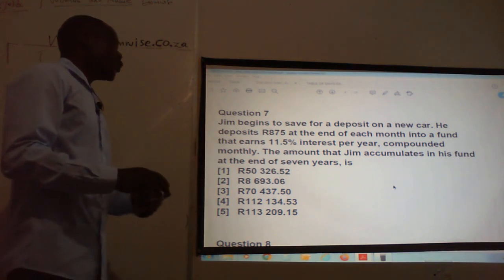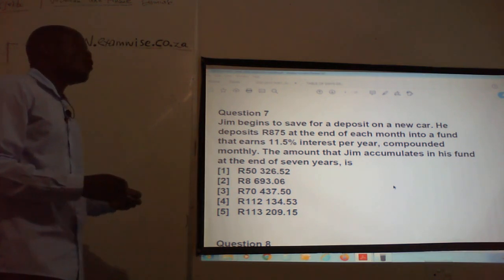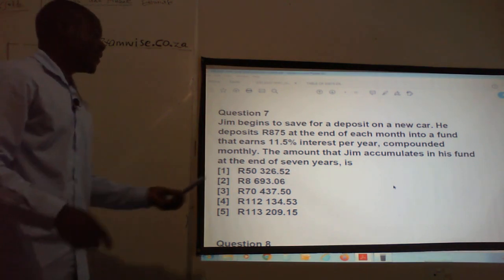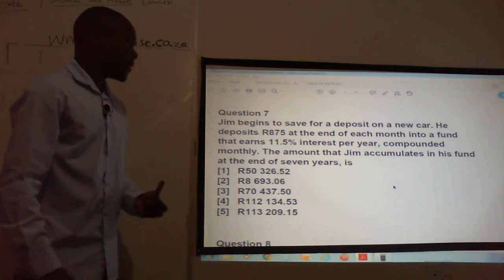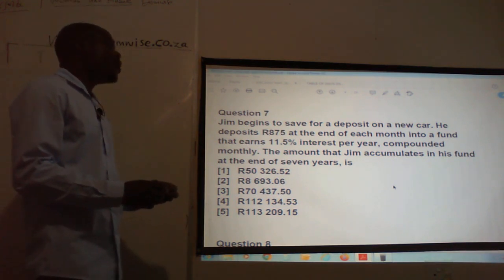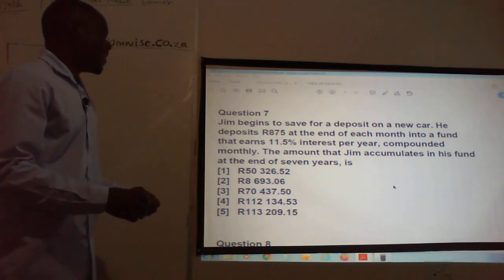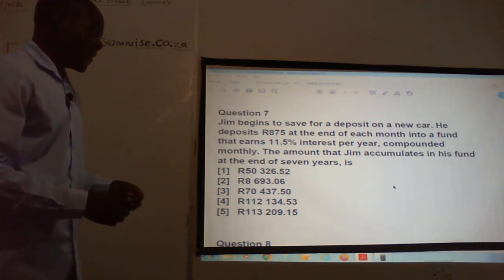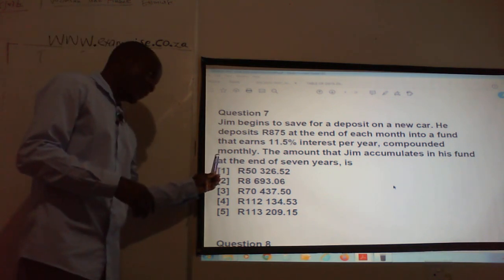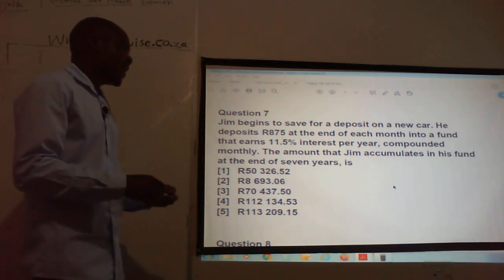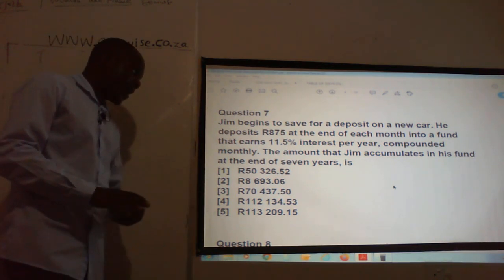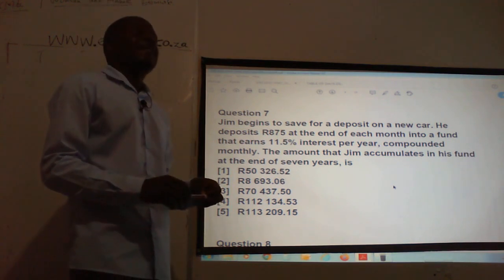Jimmy begins to save for a deposit on a new car. He deposits 875 rands at the end of each month into a fund that earns 11.5% interest per year, compounded monthly. The amount that Jimmy accumulates in his fund at the end of 7 years is.